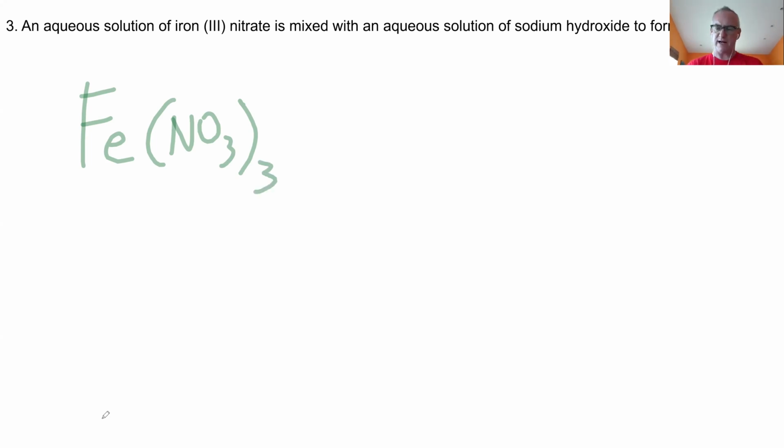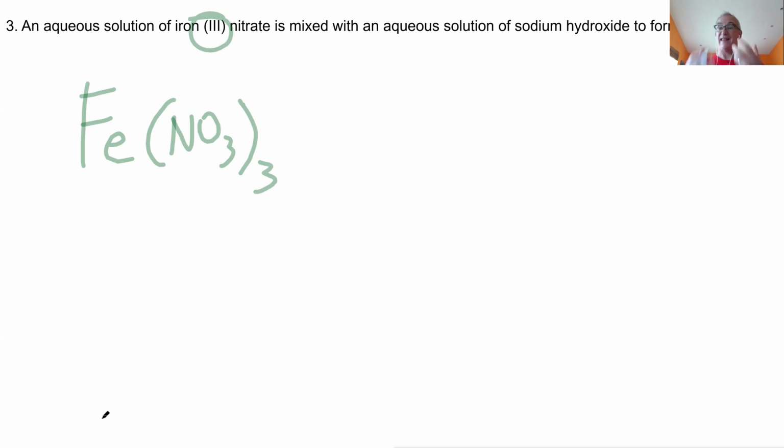So nitrate has a charge of -1. And iron, we know, has a charge of +3 because it's iron 3. So this balances out. And what state is it in? What do we put next to that? AQ.